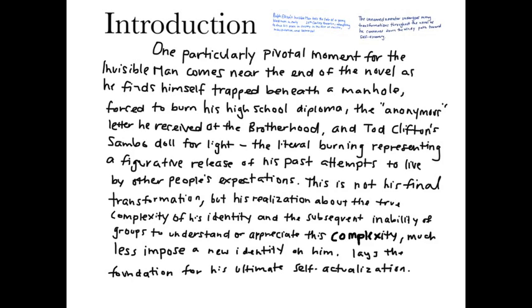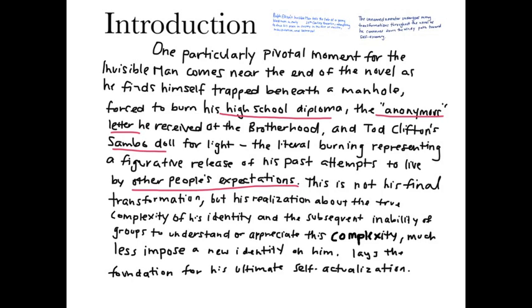So here I set myself up for three main paragraphs: what the high school diploma means, what the anonymous letter means, and what the sample doll's significance is. And I'm somehow going to be specific about what the expectations were and how they differed for each of those scenarios.